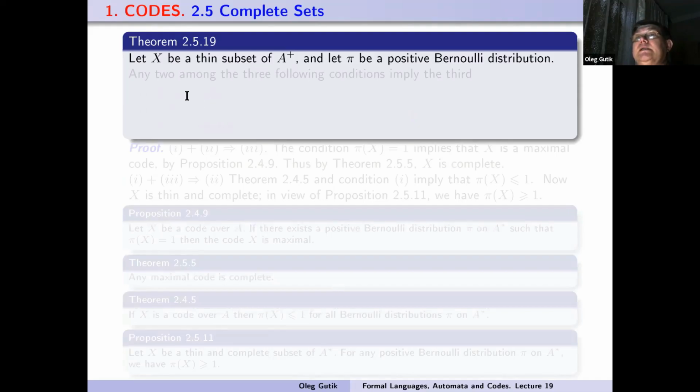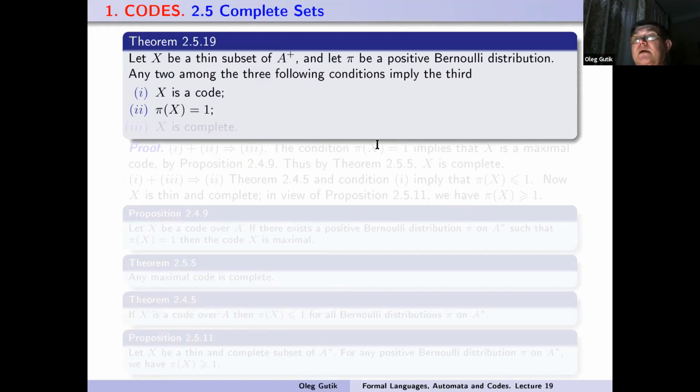Next theorem: let X be a thin subset of the semigroup A plus, and let π be a positive Bernoulli distribution. Any 2 among the 3 following conditions imply the third. The first, X is a code.